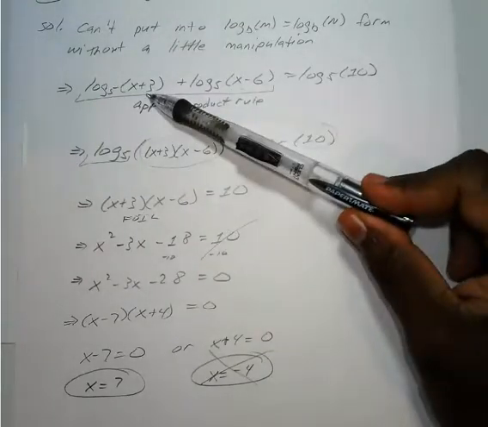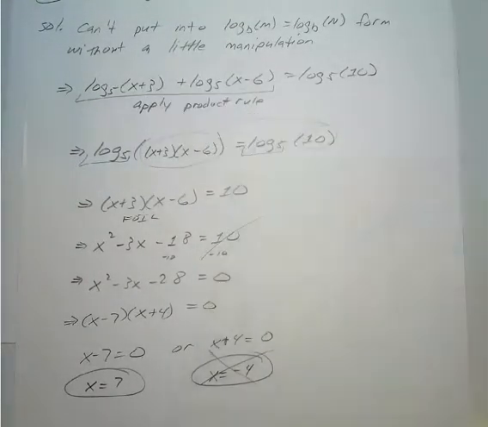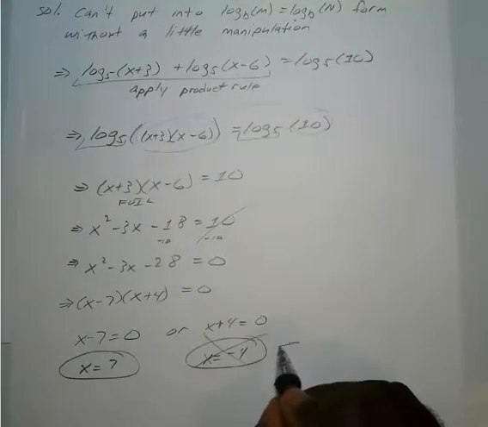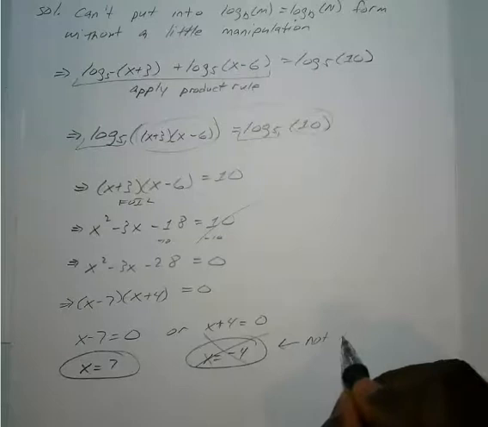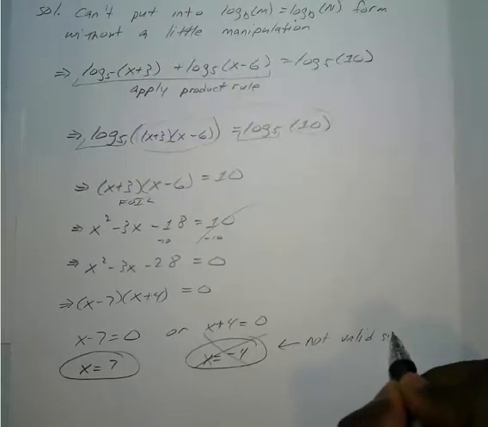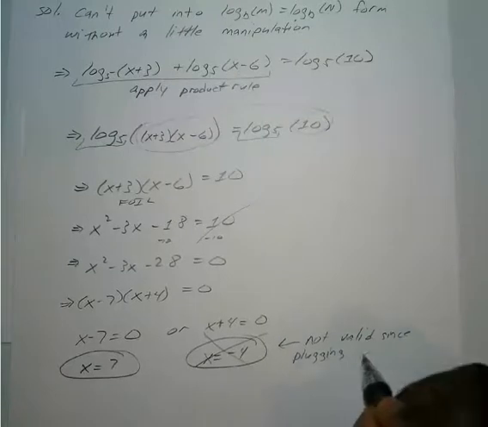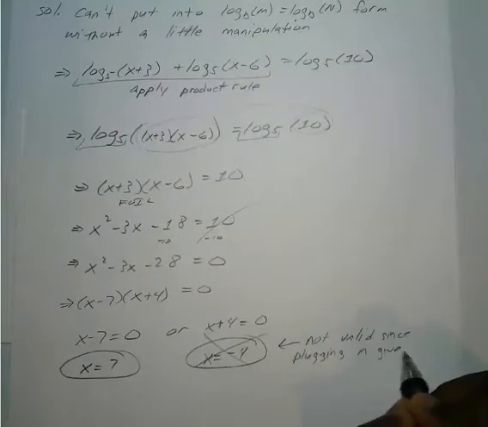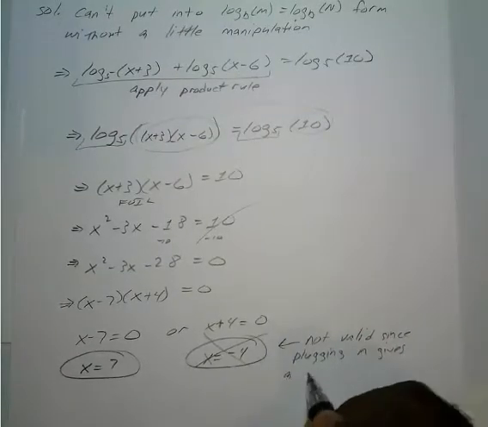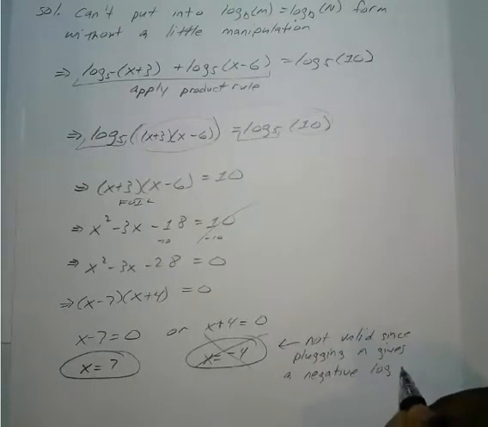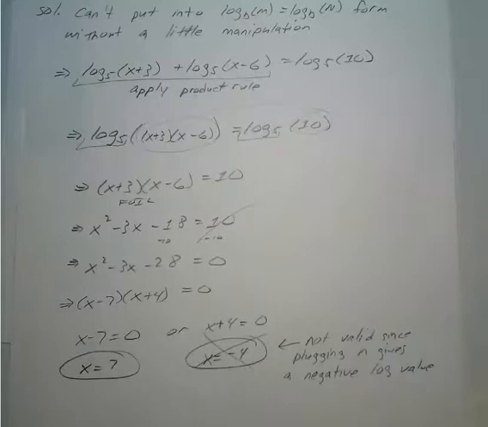If you have just one negative logarithmic term, you can't use that value. Okay, so not valid since plugging in gives a negative log value. Okay, so x equals 7 is your only solution.